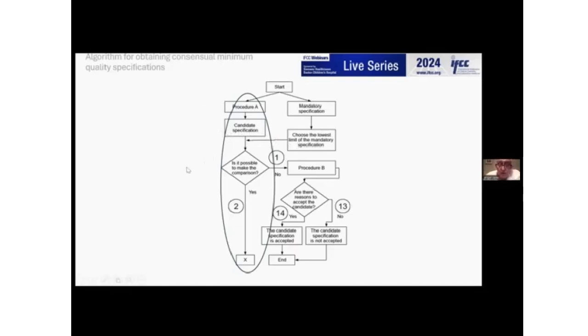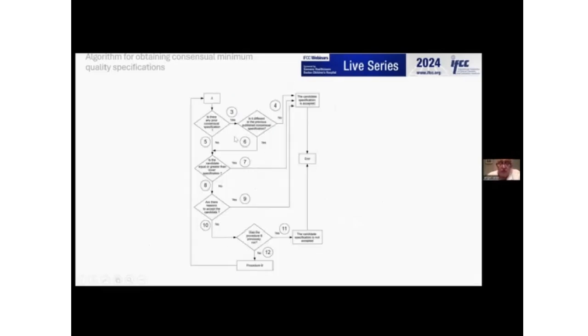It may be that there is no mandatory specification. Then the candidate specification goes directly to process B. Or is it possible to make the comparison and move to the next slide? If there is a significant difference or it is not possible to compare, we follow this path.